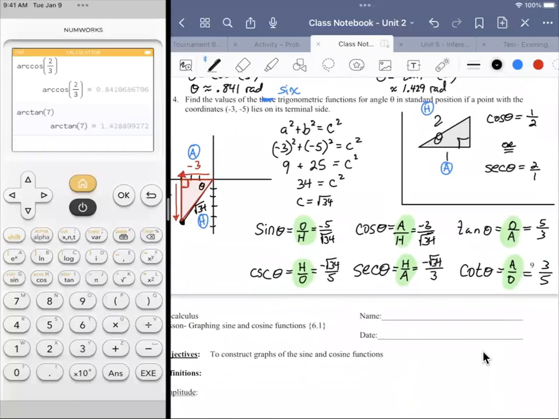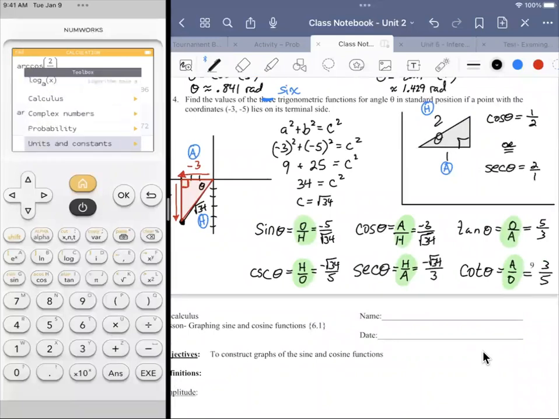Now, in these NumWorks calculators, let's see if I remember where it is. You go into the toolbox, I'll bring you to the landing page here. There's an option for trigonometry. If you go to advanced, you'll see that they have the reciprocal functions stored in here.